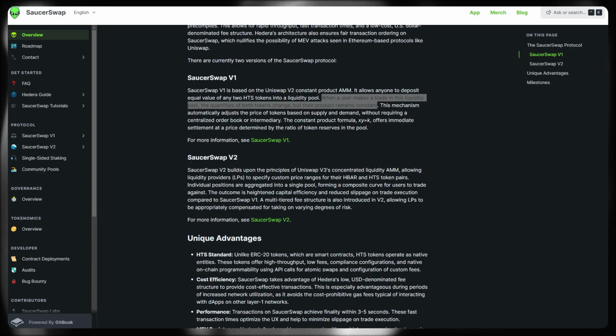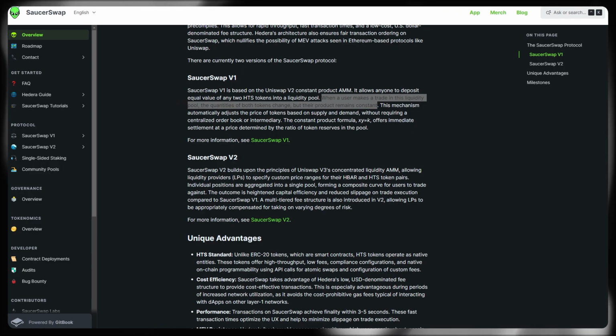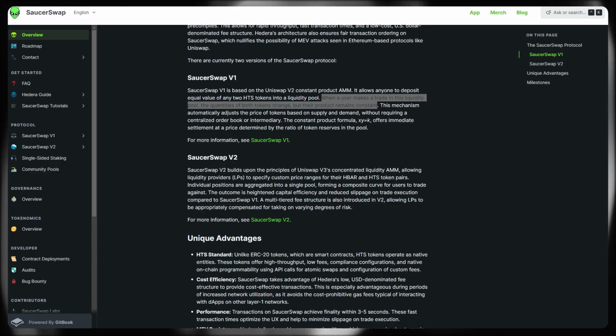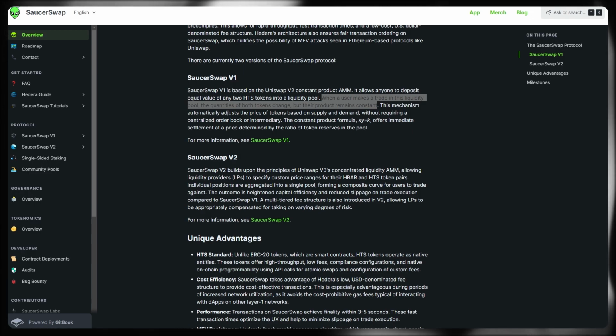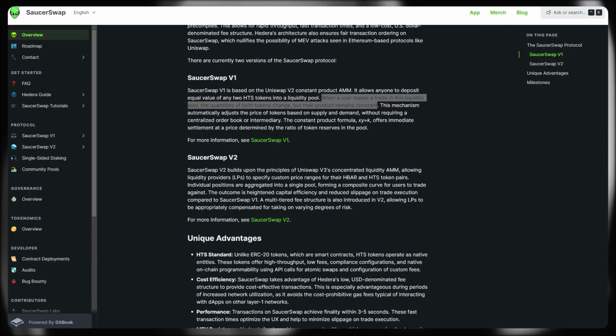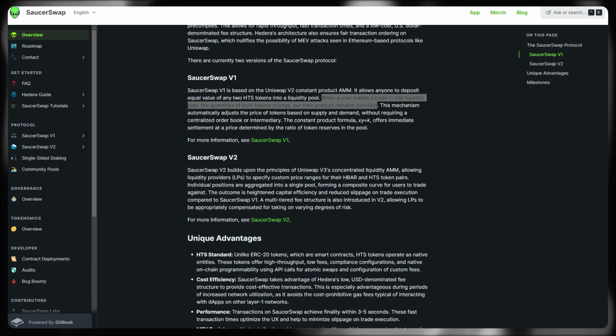However, of course, for context, we can see here in the documentation, when a user makes a trade in this liquidity pool, the quantities of both of those tokens change, but their product remains consistent. This mechanism automatically adjusts the price of tokens based on supply and demand without requiring a centralized order book or intermediary. The constant product formula, x * y = k, offers immediate settlement at a price determined by the ratio of tokens reserved in the pool.